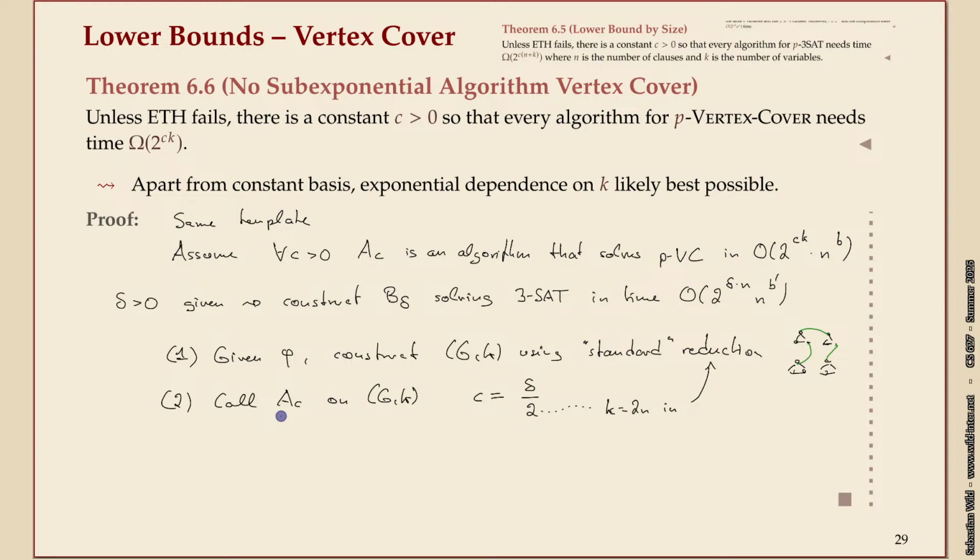Now clearly A solves this problem correctly, and it does this in the assumed time. The first step is actually polynomial time, though the overall algorithm solves your 3-SAT problem in this time. And if you plug in what k is, then you get a 3-SAT algorithm in this time. And that's, well, it means the ETH is false, and then you can make of that whatever you want.